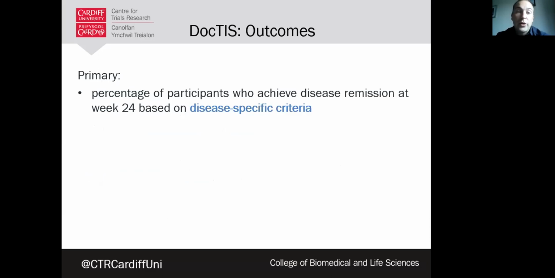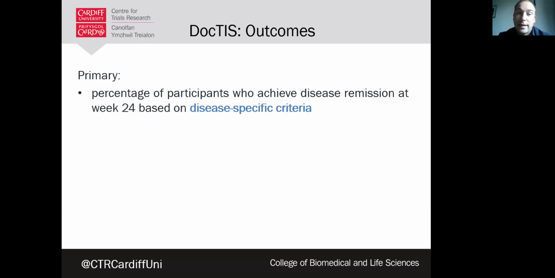The outcomes of the trial will be, so the primary outcome will be the percentage of participants who improve after 6 months of receiving this new combinatorial therapy. And what is important is that disease remission will be defined differently for the 6 diseases because they are different diseases, and that's something the basket design allows us to do.